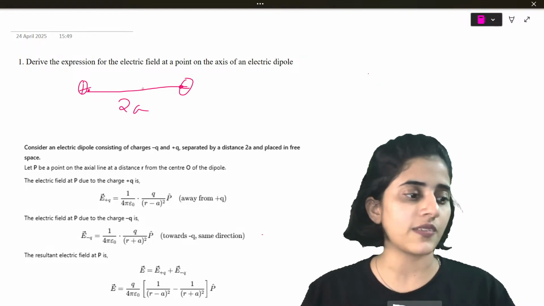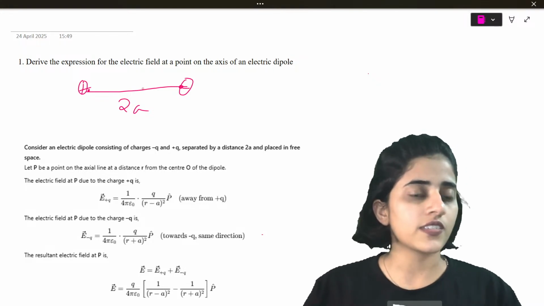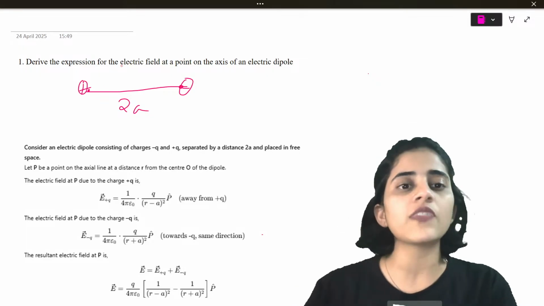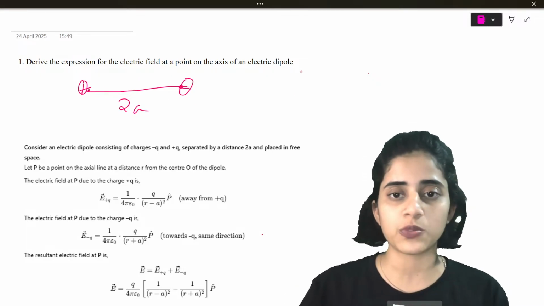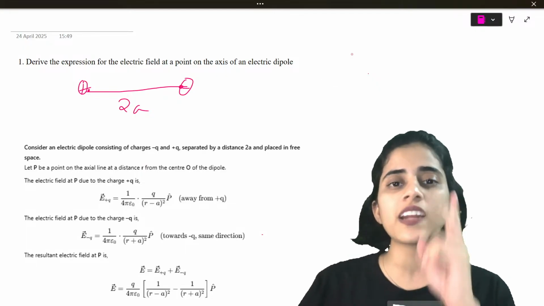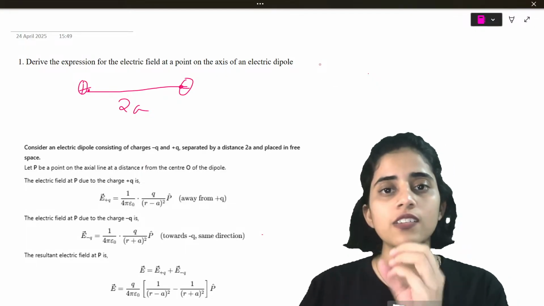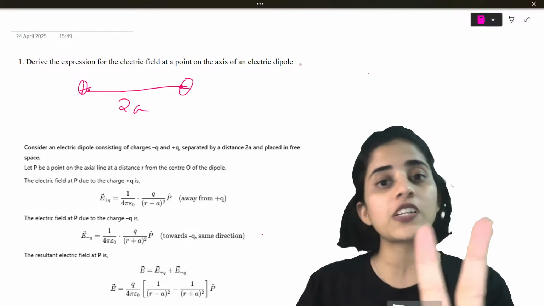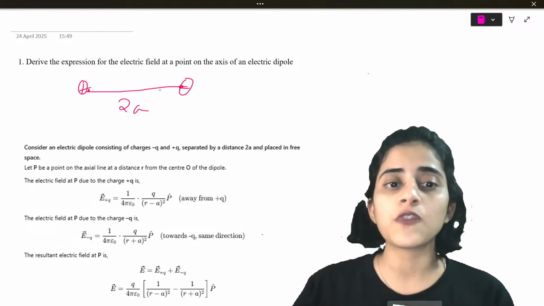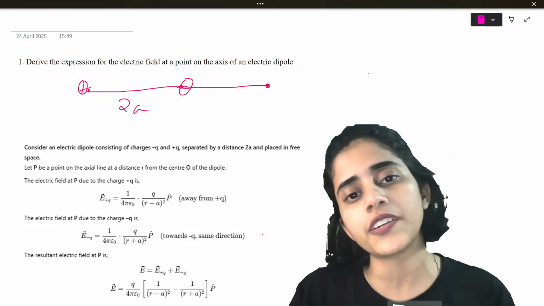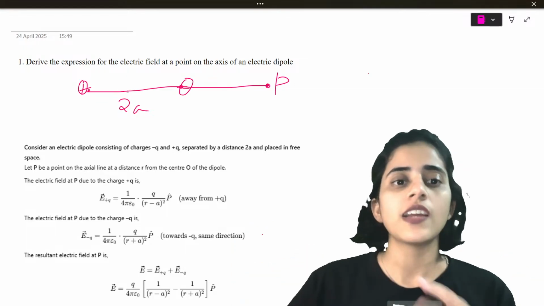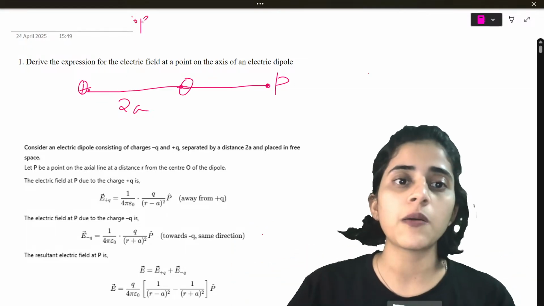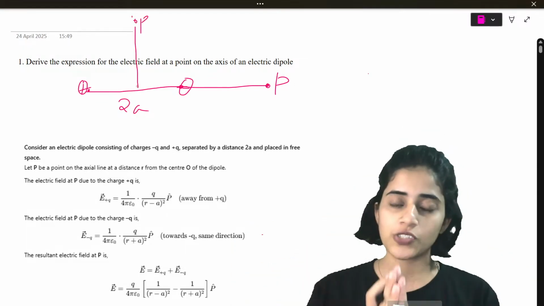So let me start. The question is, derive the expression for electric field at a point on the axis of an electric dipole. For every dipole, there are two ways in which the questions will come. One is if you have a point P along the line of the charges, and the other is if you have a point P perpendicular to the charges.